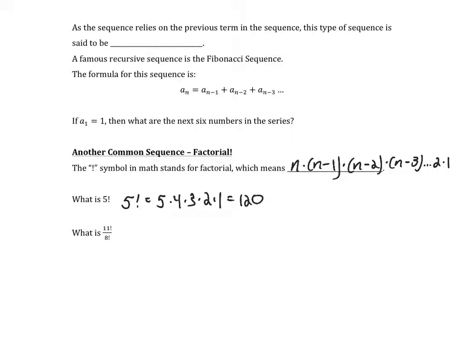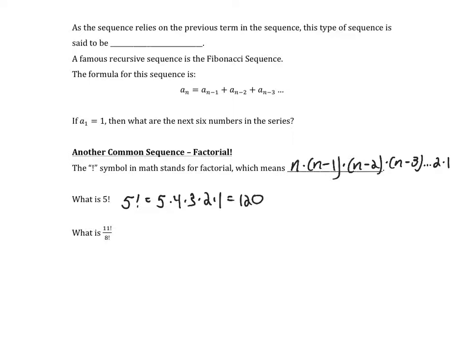So here's probably one of the most common questions you will see. The question is, what is 11 factorial divided by 8 factorial? Now, you might feel tempted to find the value of 11 factorial, then type in 8 factorial, find that value, and divide them. But I'm going to show you a quicker way to do this, and I'm going to show you why that works.